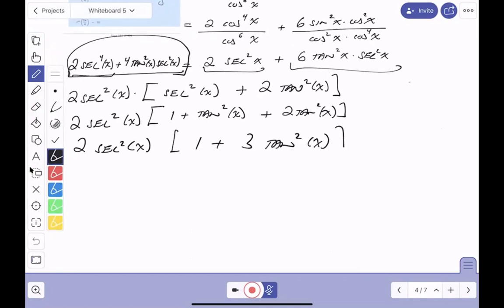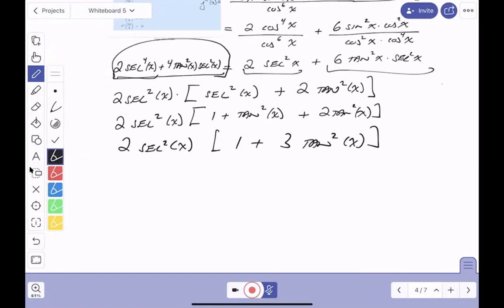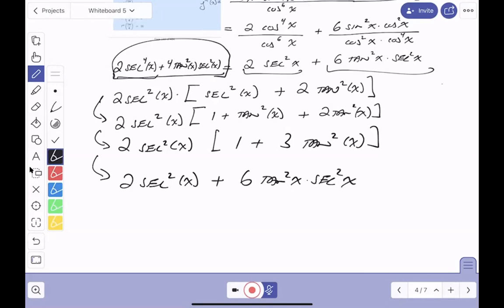And again, I'm just reminding you what you did in Math 120, and you're pretty far beyond that. So that gives 2 secant squared x plus 6 tangent squared x secant squared x. And this is where you would announce to your teacher that this is a QED, that you showed what you're supposed to do.